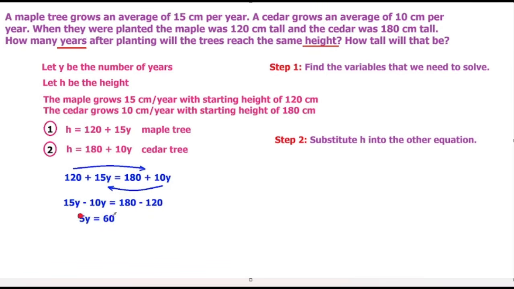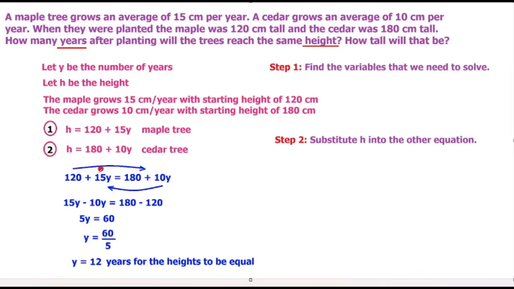Now we can gather our like terms. 5y equals 60. Now we know what y is going to be. We divide both sides by 5. So y equals 12 years for the heights to be equal.